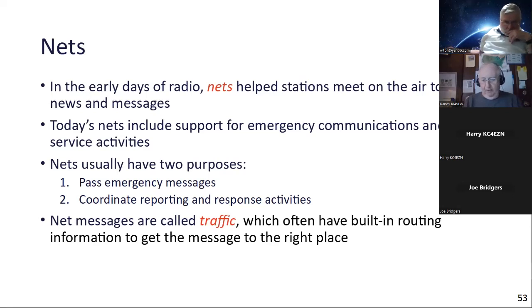And also there are Skywarn nets. Okay, Skywarn net is basically the old storm chasers. Ham radio operators get out and observe, and they're not chasing storms. You do it either mobile or from your house.